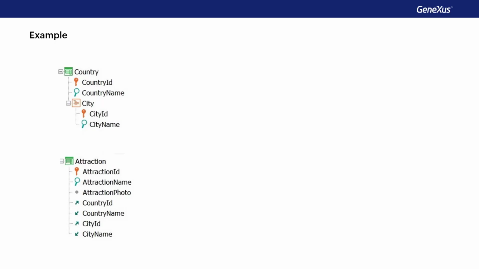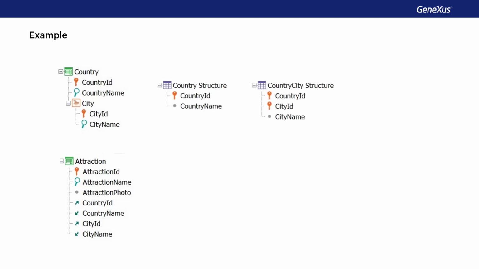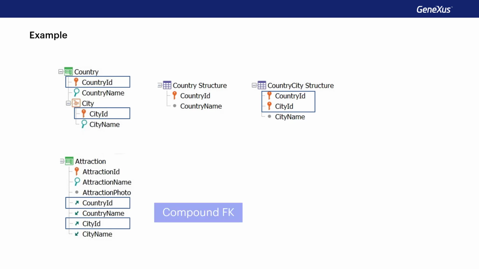For example, consider the country and attraction transactions as shown below. Based on this transaction design, Genexus will create the country and country-city tables that we're looking at. We know that in the case of the attraction transaction, the attribute pair country ID, city ID make up a compound foreign key.